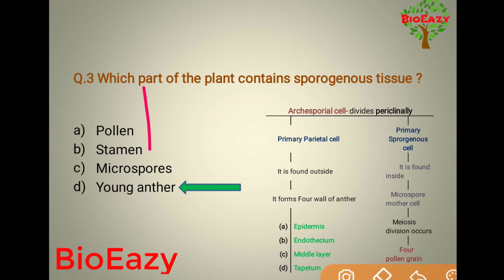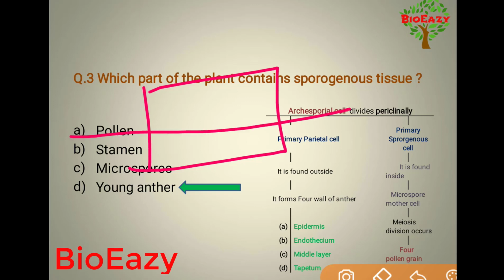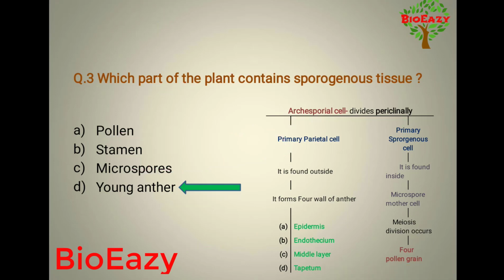So there is a cell, and if this cell divides periclinally, one cell is found outside and the other cell is found inside. So the outside cell forms 4 anther wall layers like epidermis, endothecium, middle layer, tapetum, and the inside cell is called the primary sporogenous cell, which forms 4 pollen grains. So the answer is young anther.